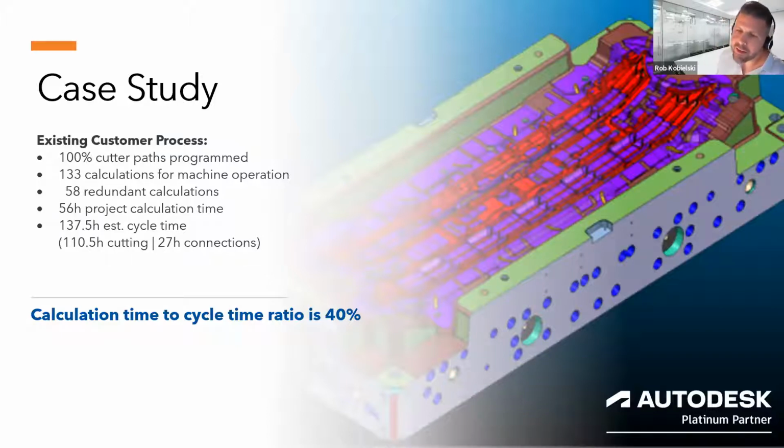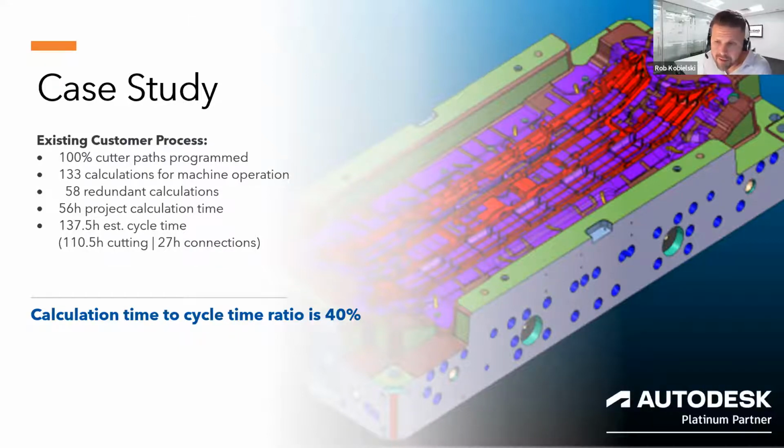Those redundant calculations are almost unavoidable in a manual adaptation of programming, because at any time we could be calculating a toolpath and saying, you know what, I'm not so happy with this result. Maybe I should have optimized a bit more, or maybe I want to use a different toolpath strategy. So that's what the redundant calculations are all about.